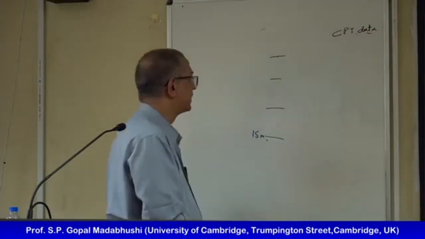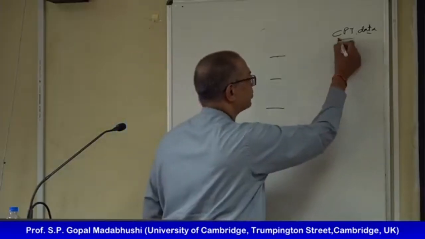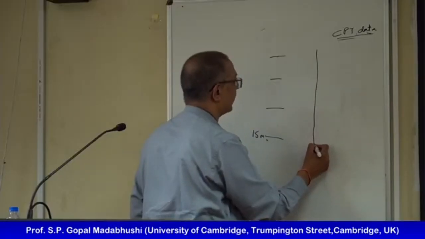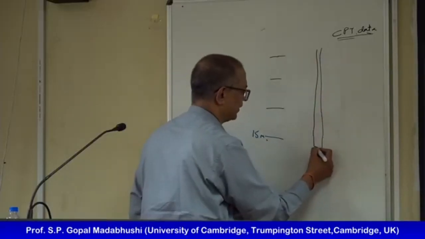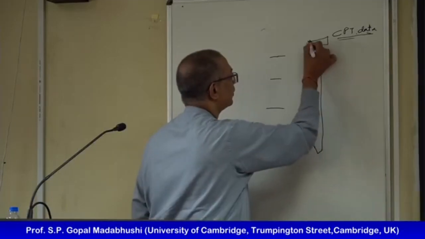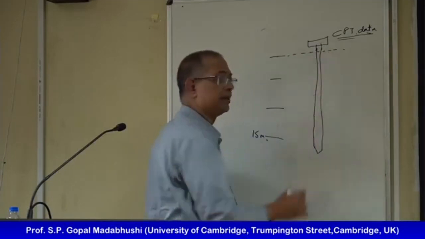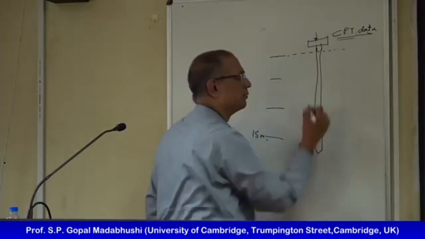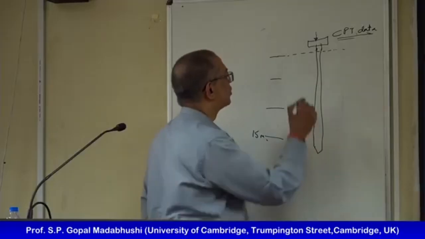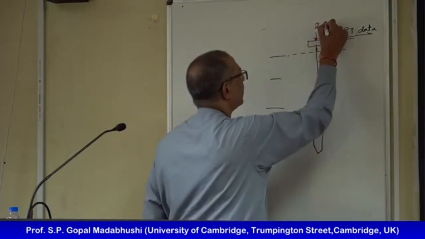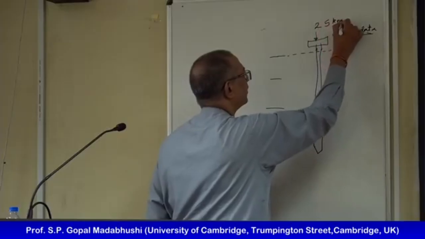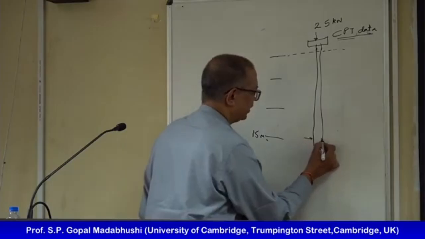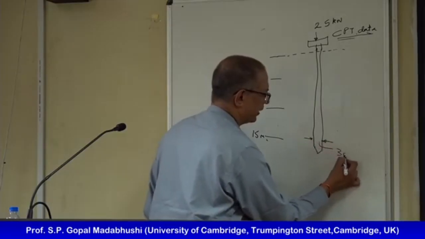So use the CPT data, and first I want you to say, if I have a pile going like this, and I apply a 25 kilonewton load, that's like 2.5 tons, on a pile diameter of 300.